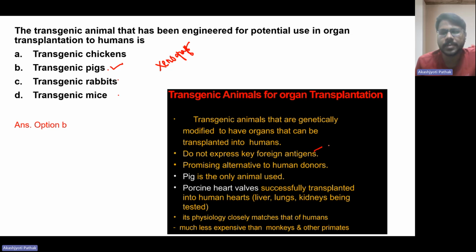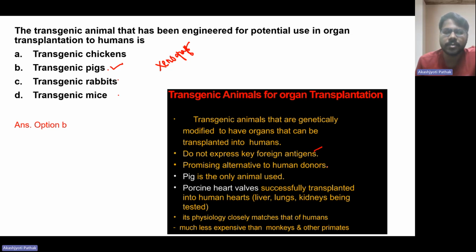So there is MHC mismatch, which results in rejection of any foreign substance that is injected into a host organism. So these foreign antigens that are present on the organ, these genes are knocked out so that such proteins are not expressed, and hence they will not elicit an immune response.